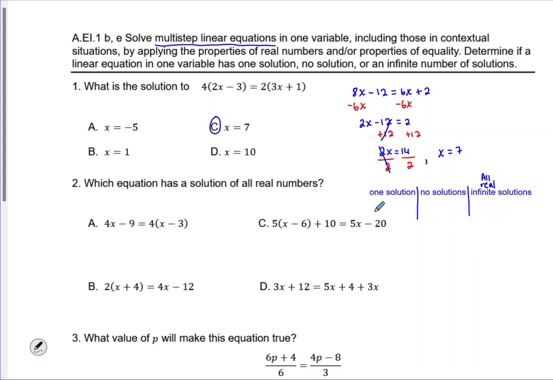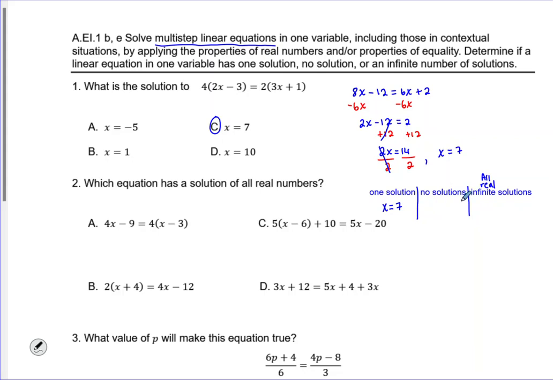Okay, so what does one solution look like? Well, one solution would look like the previous problem right here where we do all the steps and then we end up getting x equals a number. So this is going to be one solution when you have just x equals some number. I'll just use 7.